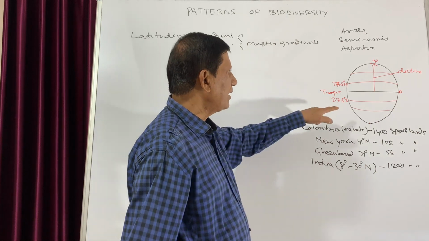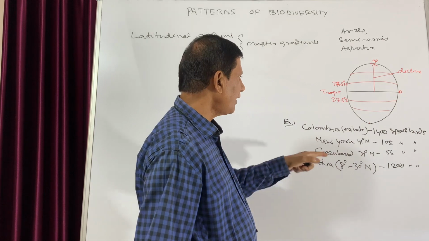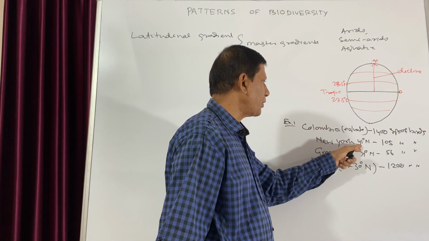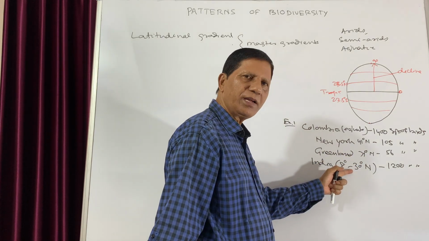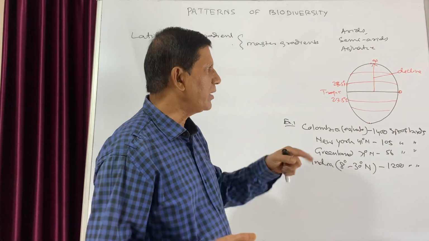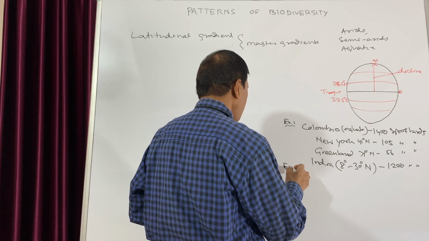So from this you can see how species diversity varies when we move from the tropics toward the poles, from the equatorial region to 41 degree north, then 71 degree north, and tropical India. This is one example.